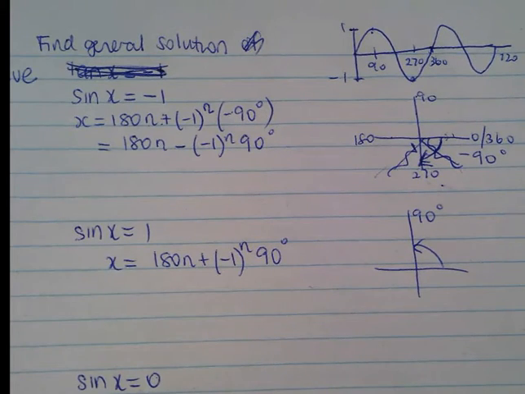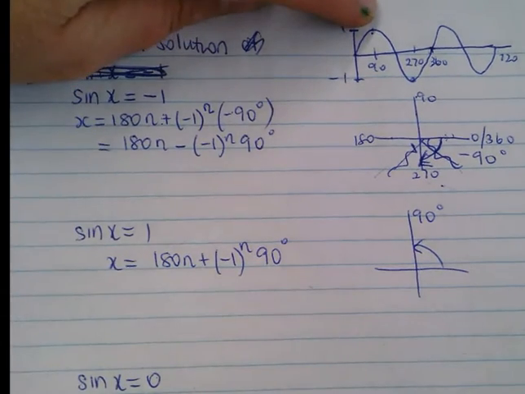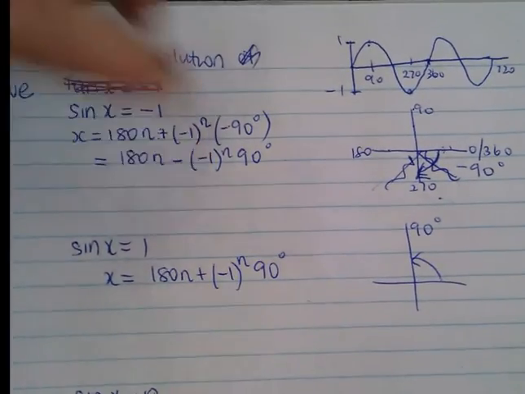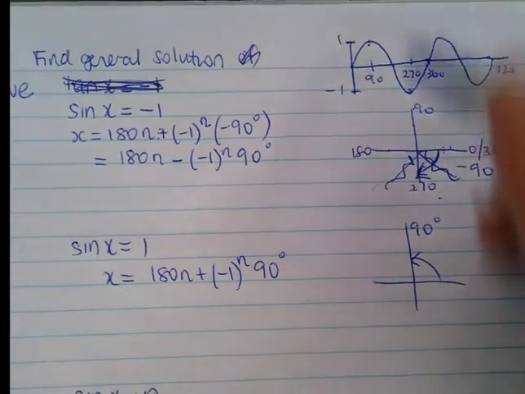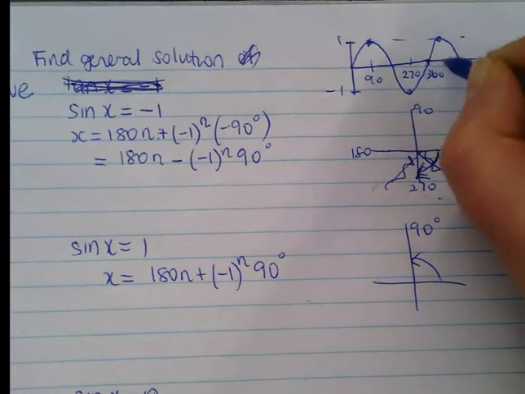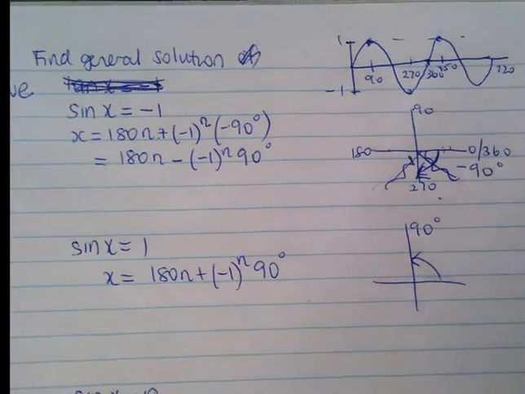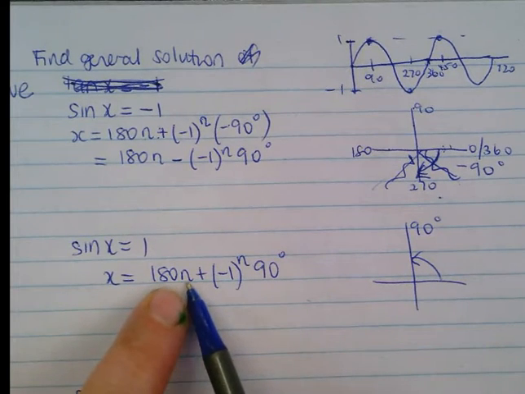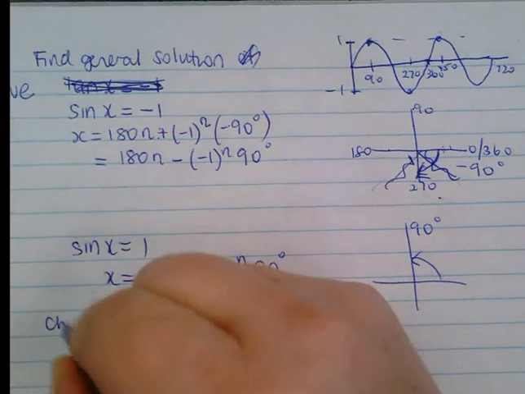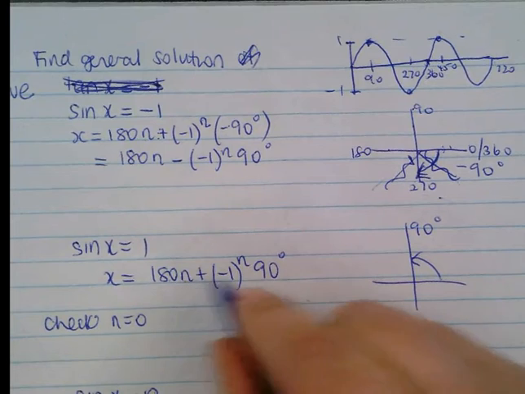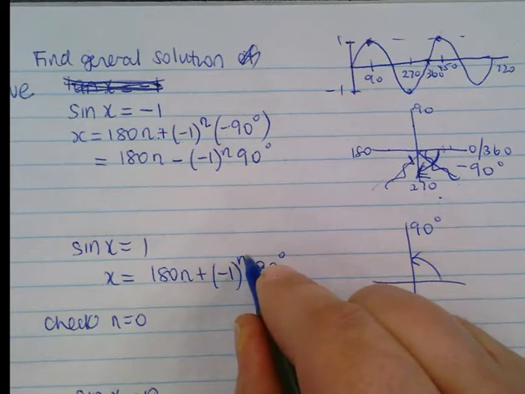Now, if we want, we could try this one for a couple of values as well. If we look at the sine curve up here, where is sine x equals 1? The first one is at 90, and I think the second one is at 360 plus 90, which is 450, for sine x is 1. So let's substitute. When n is 0, what do you get? 180 times 0 is 0, and (-1) to the power of 0 is 1.